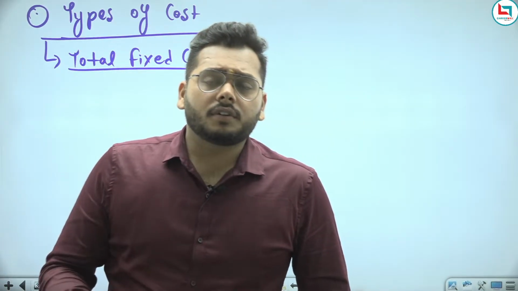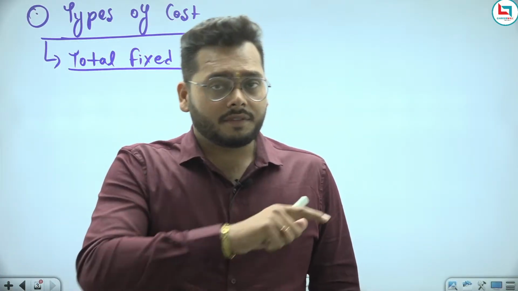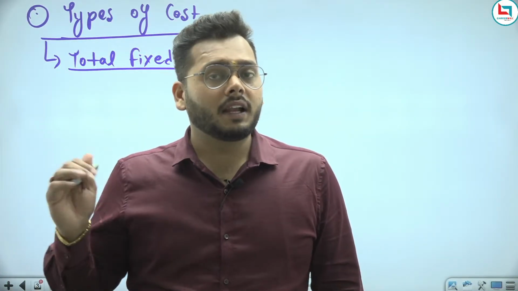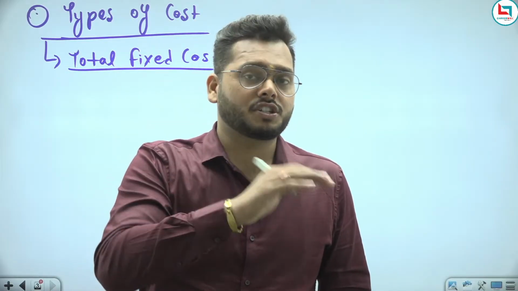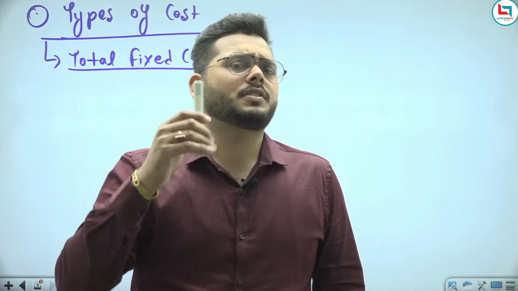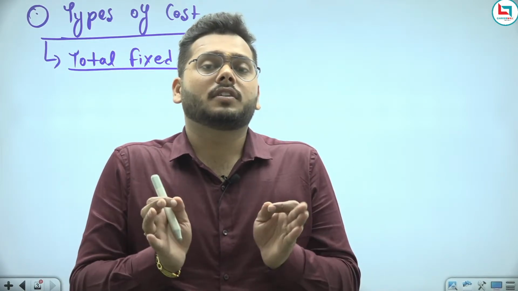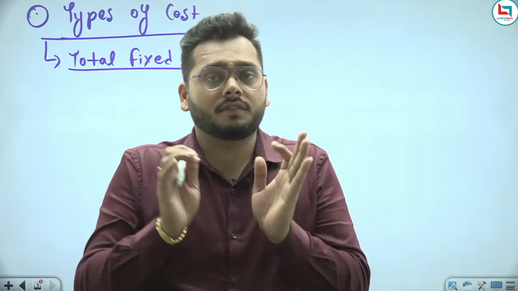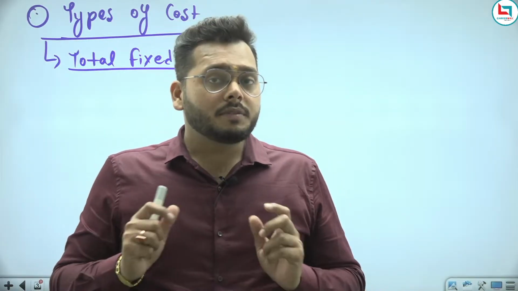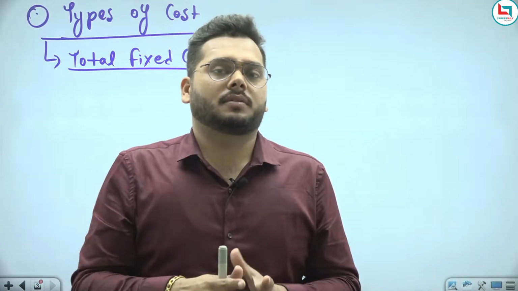Let's say if you want to open a business, you need to have some area, you need to have some building, you need to have some machines, then only it is possible to manufacture this marker. It means you have some fixed area, you have some fixed machine. You have already spent on these items, on these equipments.